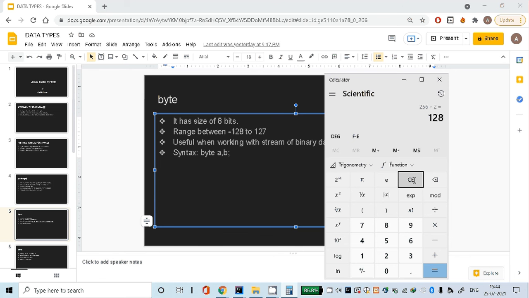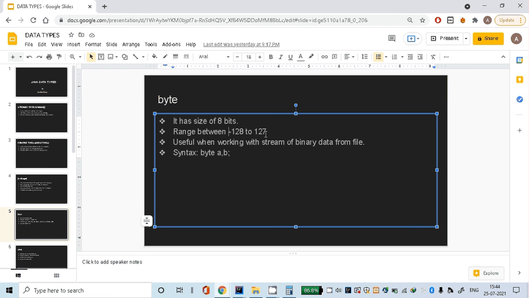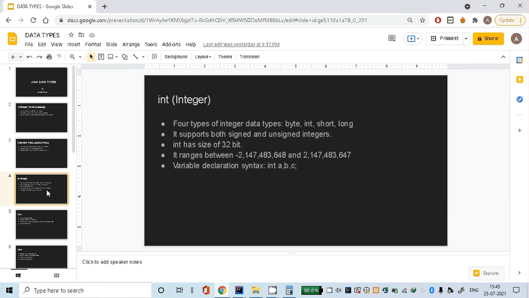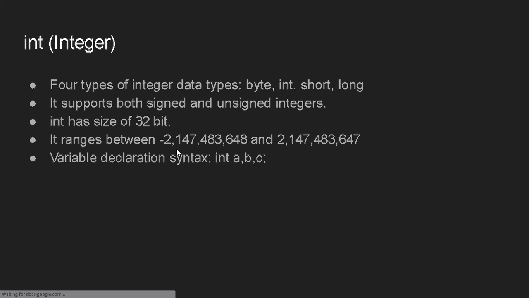So -128 to 0, if you include 0, is 129 values, and if you add 129 plus 127, you are going to get 256. So that is the logic behind this particular range, and that is the logic behind the int range also. But the int range was an extremely long number, so that is why I did not explain that one. But the same concept is being followed here.